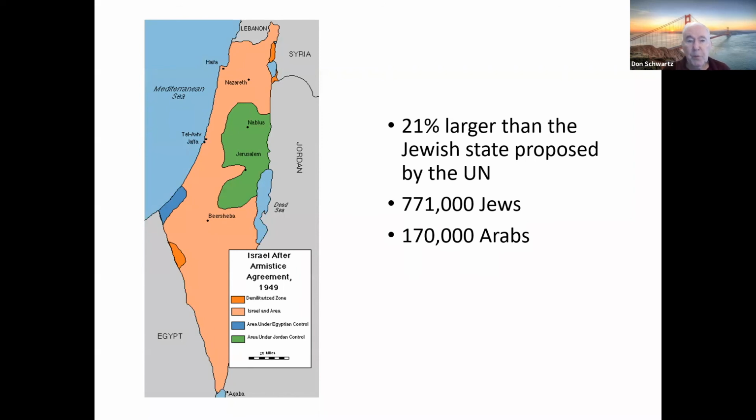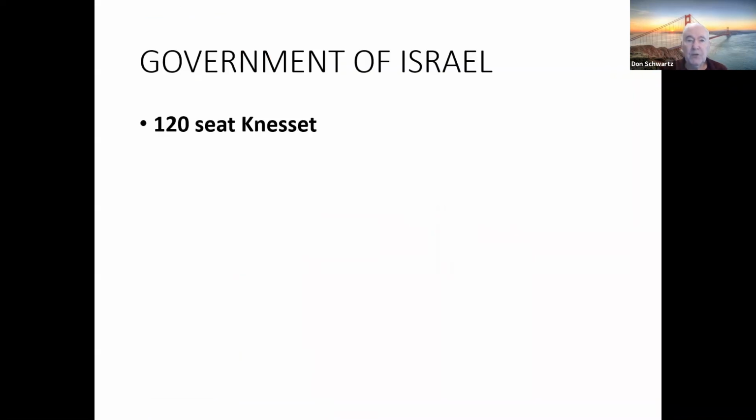So 82% of the population of Israel was made up of Jews and 18% made up of Arabs. The new country's central democratic body was a 120-seat parliament called the Knesset, and that includes both Jewish and Arab representation.